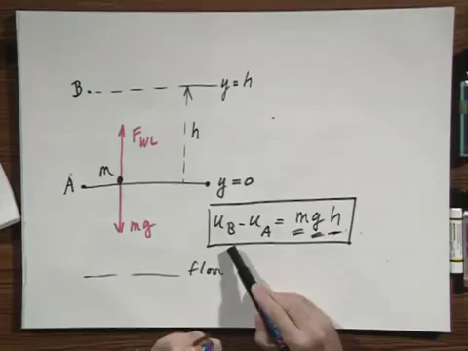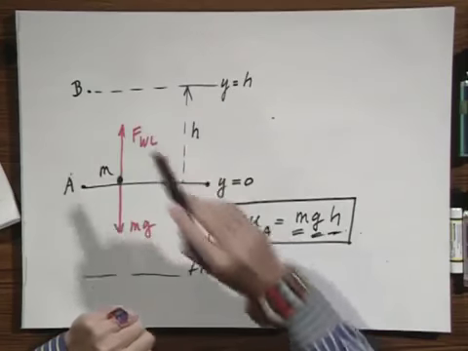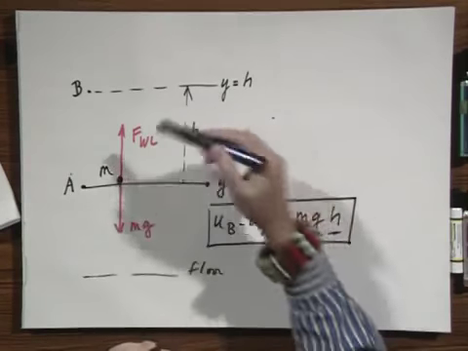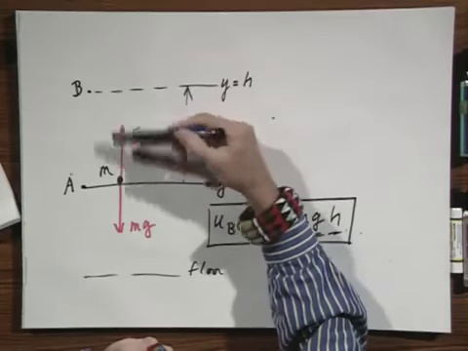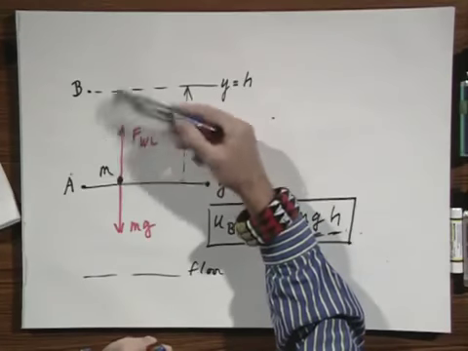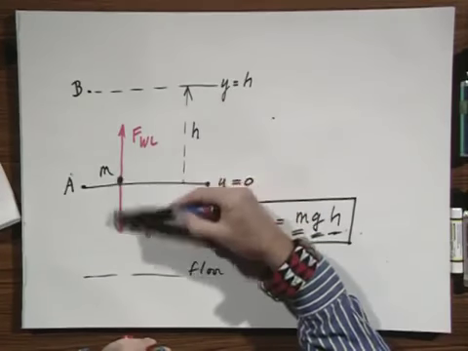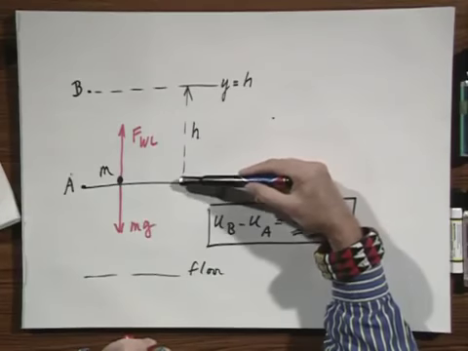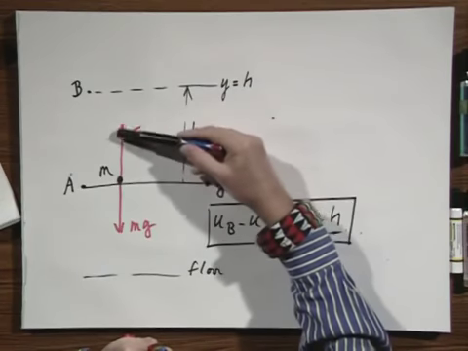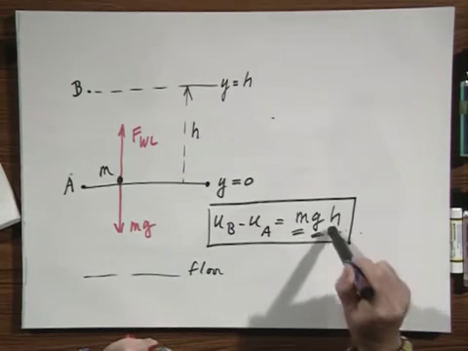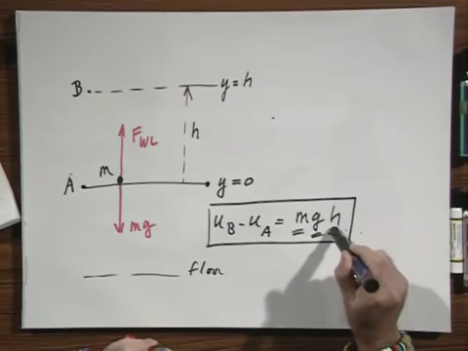At least that's the way I always remember it. So that's the work I do when I bring it from A to B. Now here, since we are moving it at distances very small compared to the size of the Earth, the gravitational force is constant all the way when I go from A to B, so my force is constant, so that's why I can do it in this simple way.